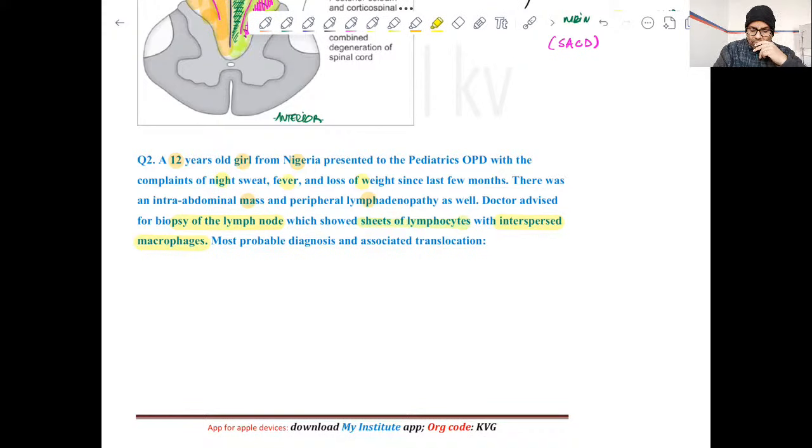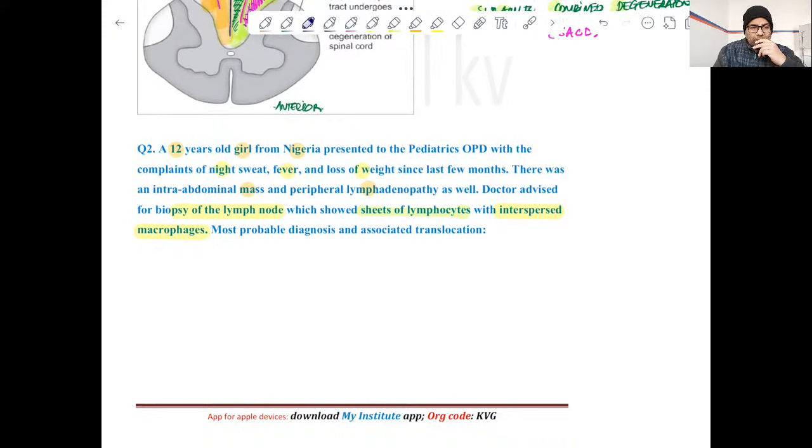Now here are certain very important clues, like the age is 12 years, female, from an African country, Nigeria, clear? Then this is one group of information.